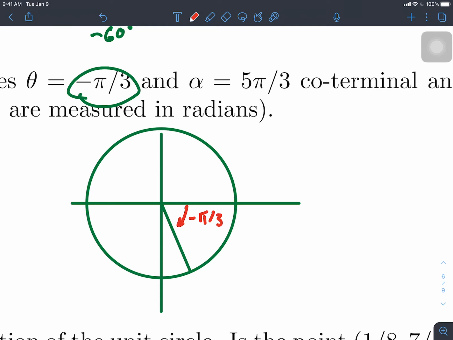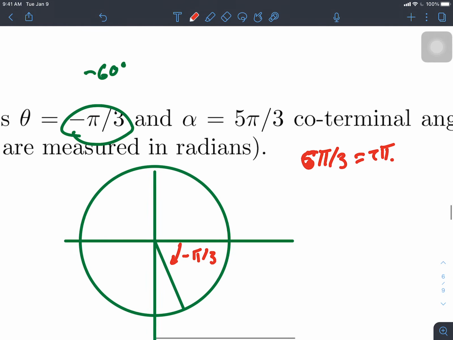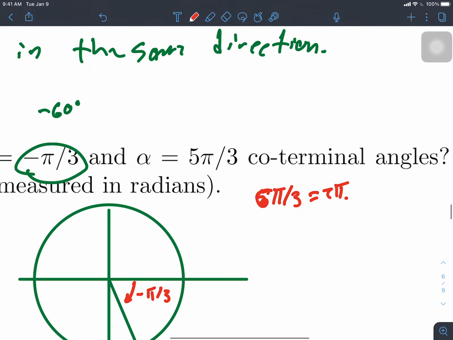And then if we want to do 5 pi over 3, well, we know 6 pi over 3 would be 2 pi. So we do one less pi over 3 than that. In other words, if we converted 5 pi over 3 to degrees, it'd be 5 pi over 3 times 180 over pi.